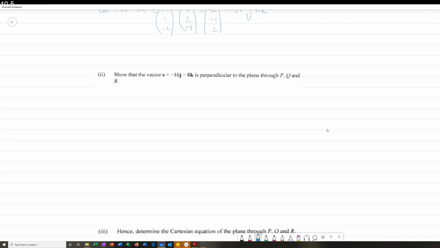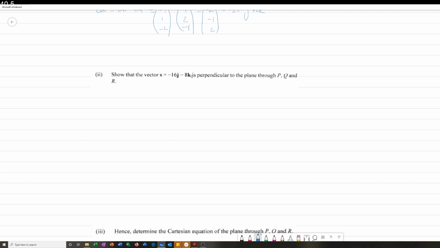So part 2 says, show that vector OS is perpendicular to the plane through P, Q, and R. So if you have a plane, and this plane has P, Q, and R, then what that says is that vector PQ and QR lie on the plane, because if the points P, Q, and R lie on the plane, then PQ and QR will lie on the plane also.